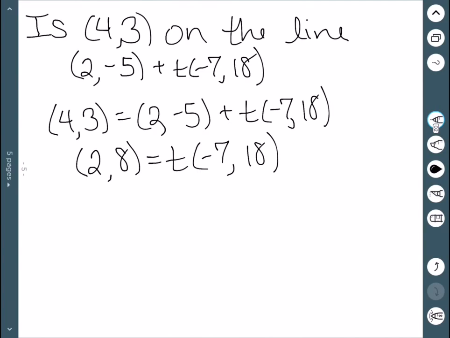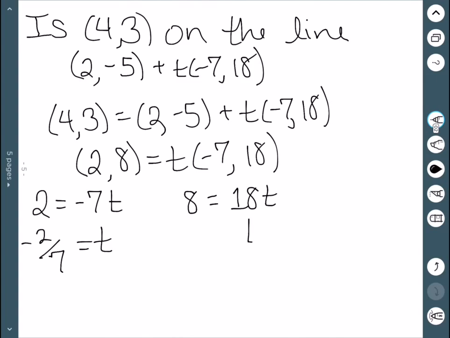And now I have two equations. 2 is equal to -7t, which gives me that t is -2/7. And then I also have 8 is equal to 18t, in which case when I divide both sides by 18, I get 4/9. And since t cannot be both of these values at the same time, the answer is no, this point is not on the line.